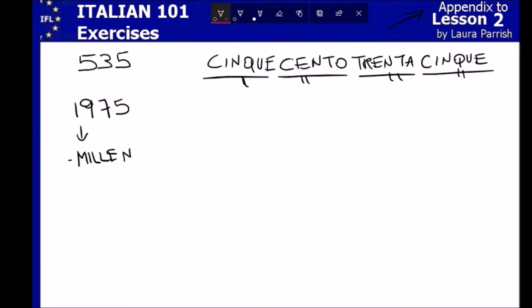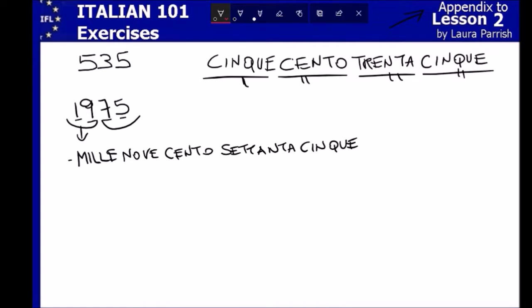Mille, then you say nove, number 9, cento, and then 70, settanta, 5, cinque. We don't read the years like in English, where you read those two together and those two together. We don't say 1975 like you say in English. It's like reading any regular number. So 1975 is the name of the year.